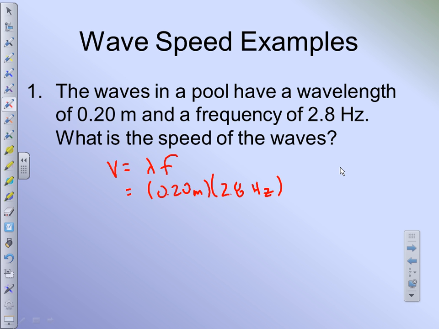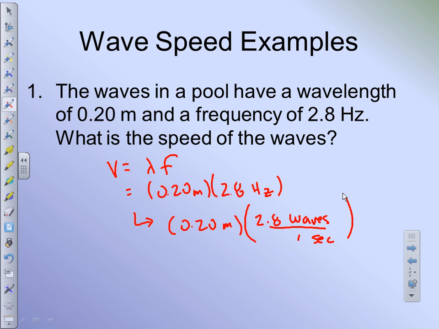Now, mathematically, that's not real difficult, but let's look at it from a unit standpoint, right? Here, this is meters. We said that this would be exactly the same as taking 0.20 meters and multiplying it by 2.8 waves for every 1 second. That's what frequency is telling us, yes?